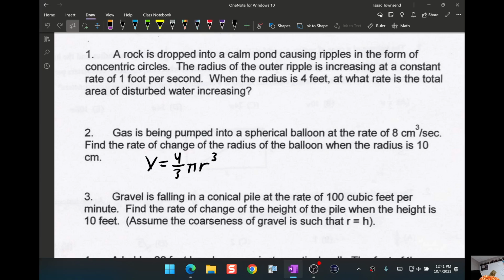This is linear, or like flat. Pi squared is just like a circle. This is a sphere. Okay.